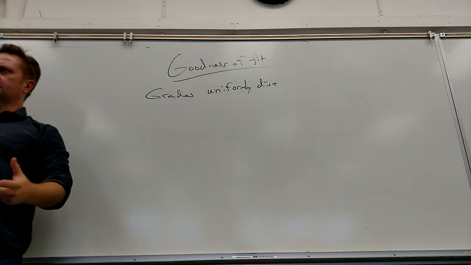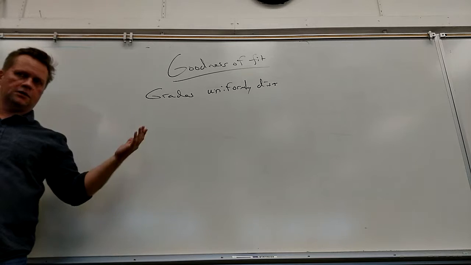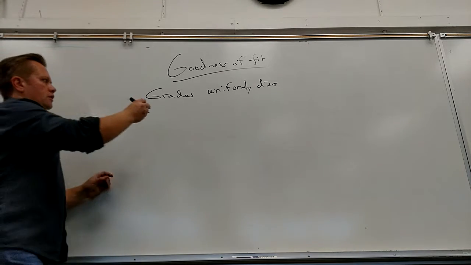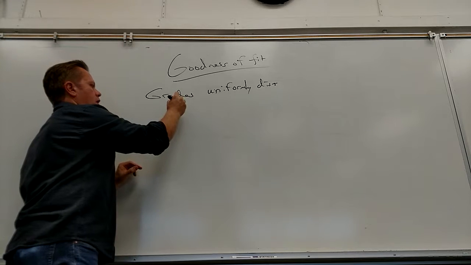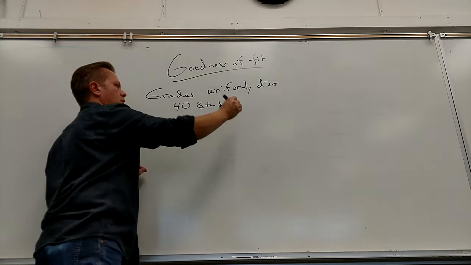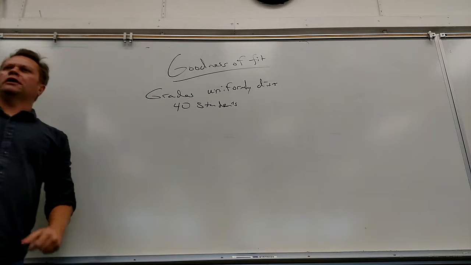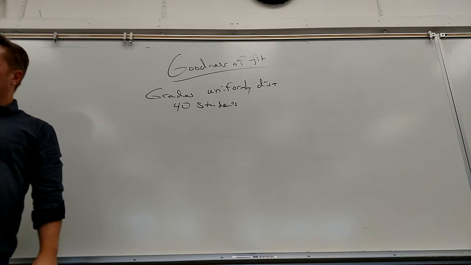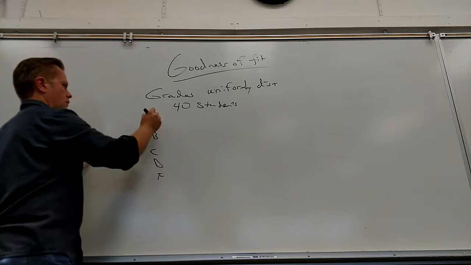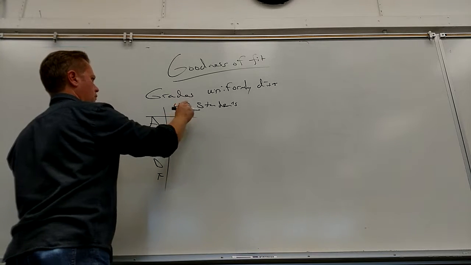Kind of a silly expectation, but let's say that's the claim. Some crazy person is claiming. Right? We're going to show they're wrong. So let's say there are 40 students in a class. If the grades are evenly distributed, uniformly distributed, how many of each should there be?